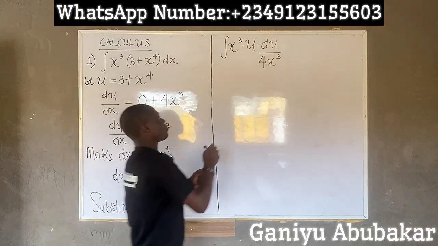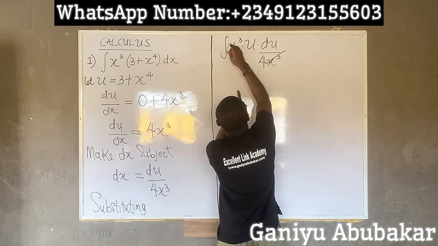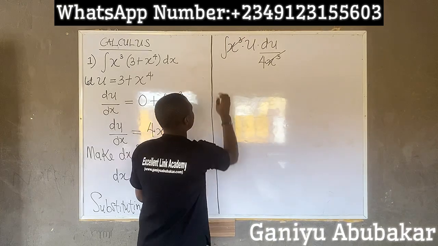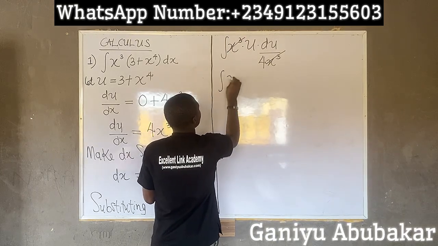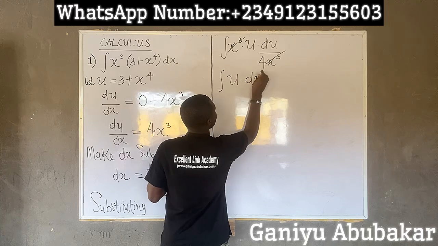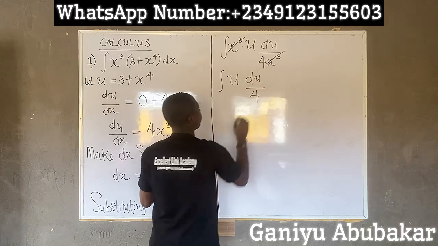Next task, observe that this one here will cancel this. I'm left with the integral of u du over 4.